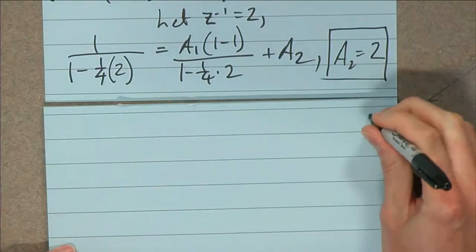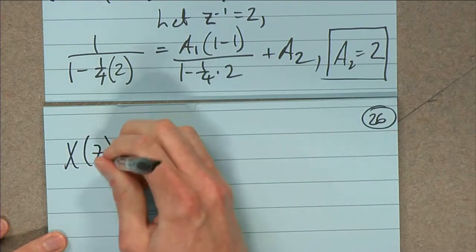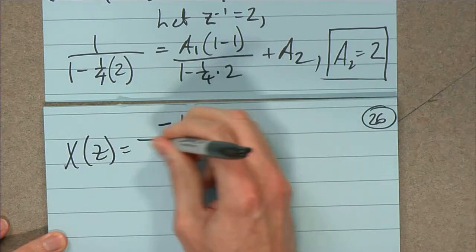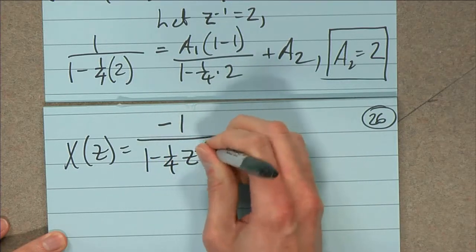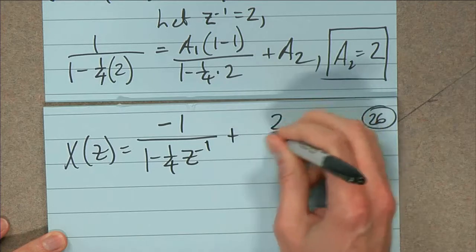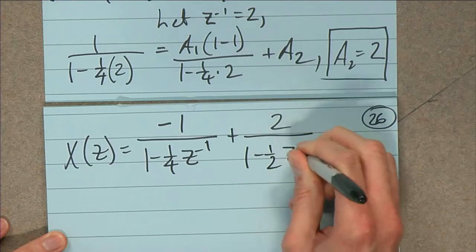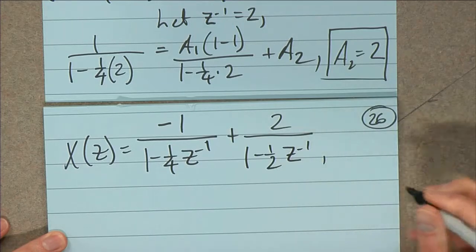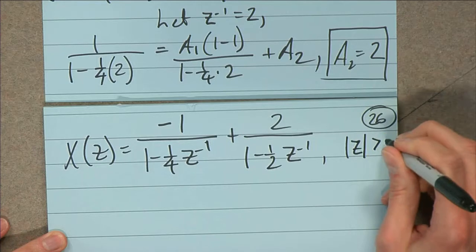So now we've got all the pieces we need. And we can say X of z is minus 1, which was a1, over 1 minus 1/4 z inverse, plus 2 over 1 minus a half z inverse. And of course, the all-important region of convergence is along for the ride.